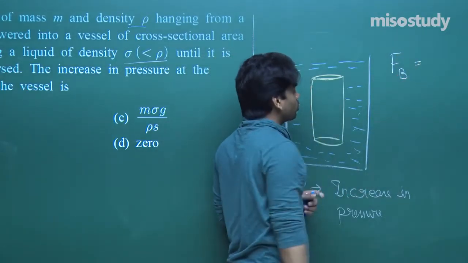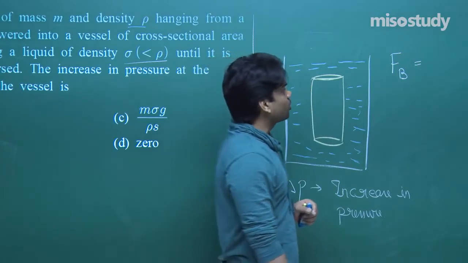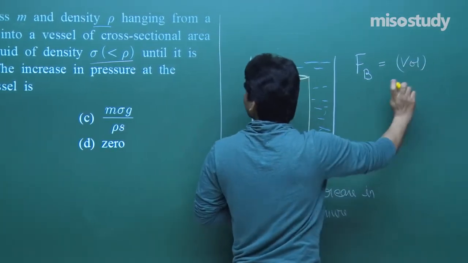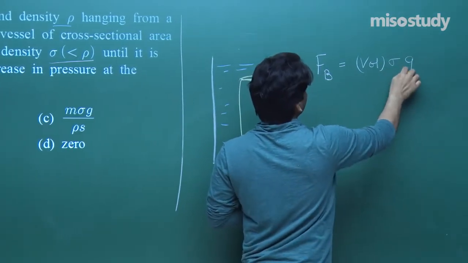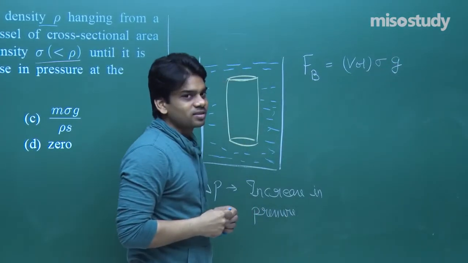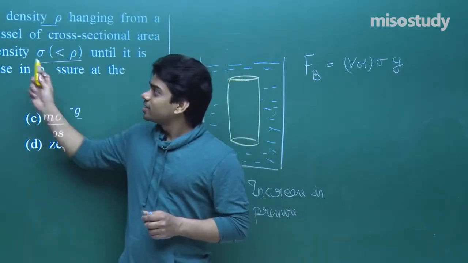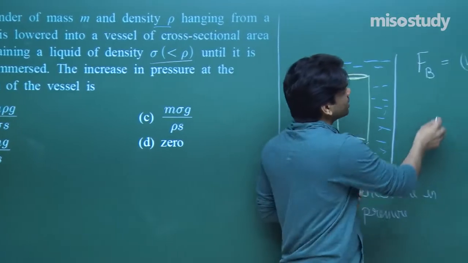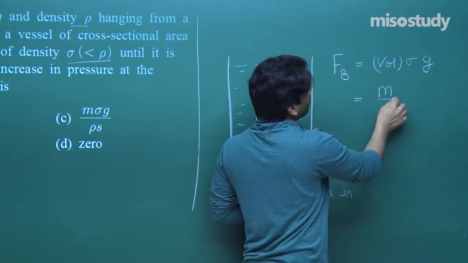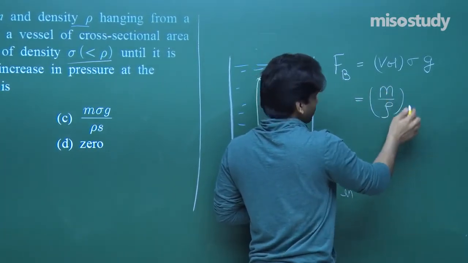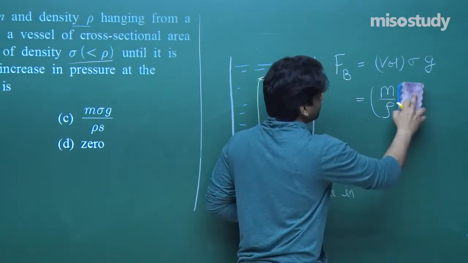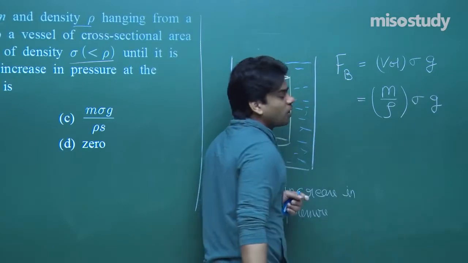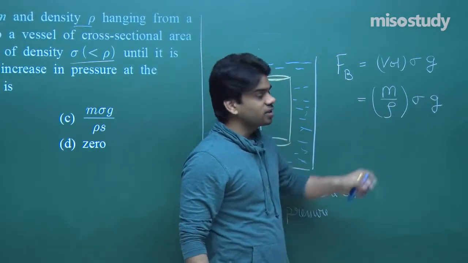Buoyant force will be due to the liquid, and that will be the volume of the cylinder multiplied with sigma, that is the liquid density, into G. Its cylinder mass is m and density rho, so automatically its volume will be m by rho. Remember, FB I am writing for buoyant force, multiplied with sigma into G. So the buoyant force is equal to m by rho sigma G.